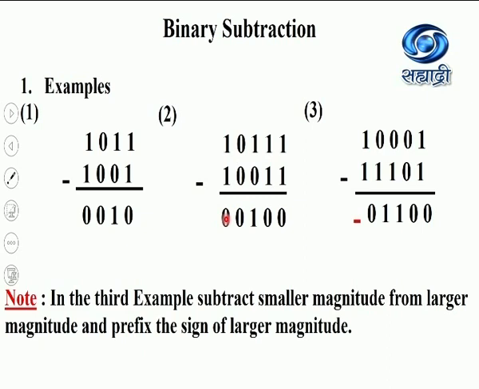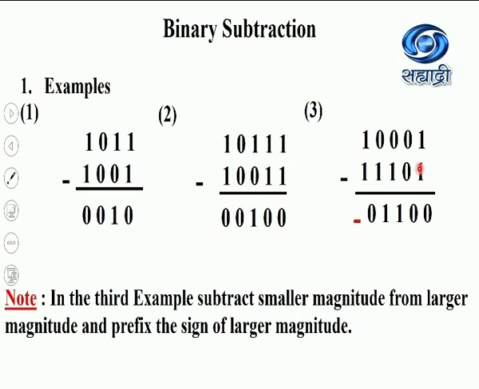In the third example, if you carefully see, we have two numbers again, 1 0 0 0 1, and the next number is 1 1 1 0 1. For this example, subtract the smaller magnitude from the larger magnitude and prefix the sign of the larger magnitude.